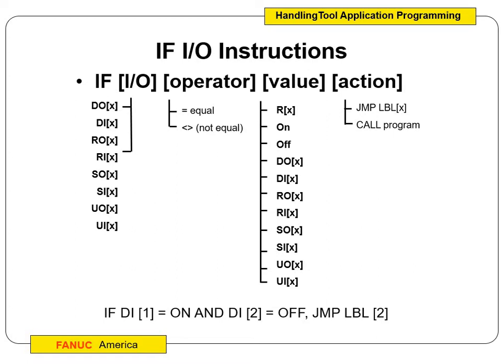If we use any one of those, okay, and then we have our operator is equal to whatever value we want, on, off, a digital input, a digital output, a robot input, and we can call a program too. So look at the bottom. The bottom line says if digital input 1 is on and digital input 2 is off, we're going to jump to label 2.